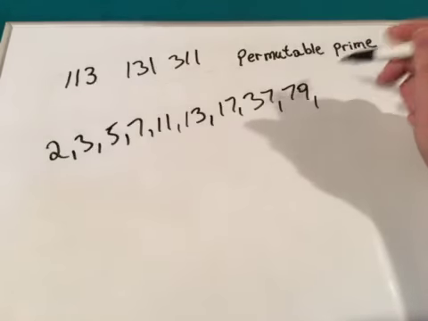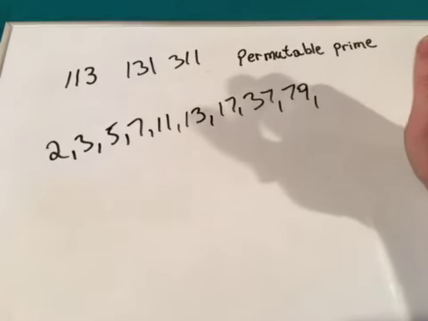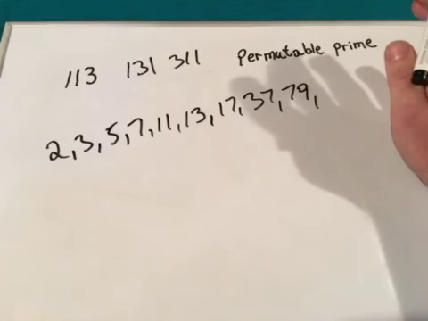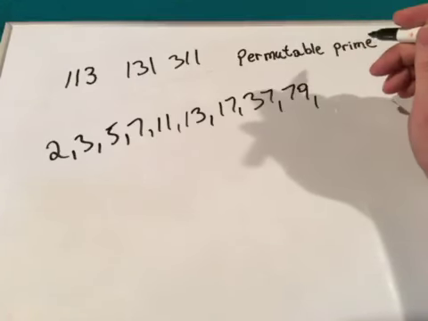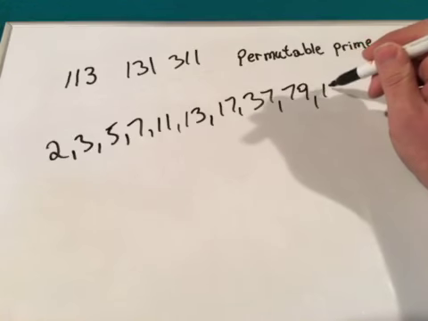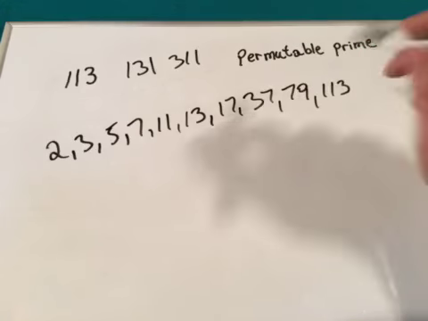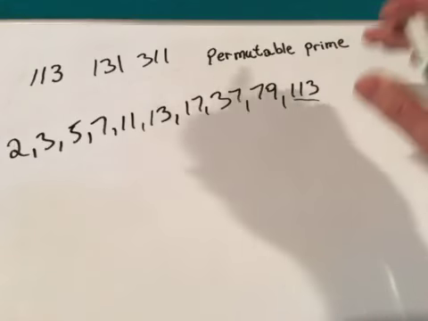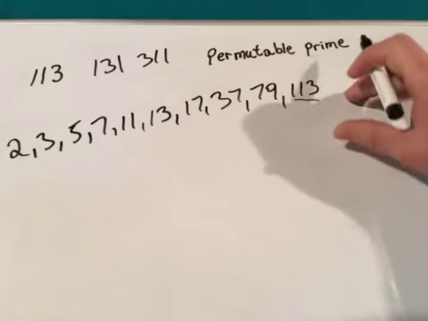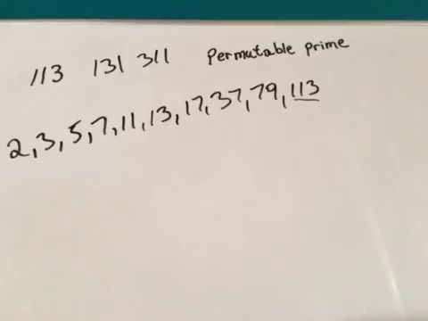Okay, and then the first three-digit number which is prime and is a permutable prime is 113. So there it is. So there's our date, and it's the first three-digit permutable prime.